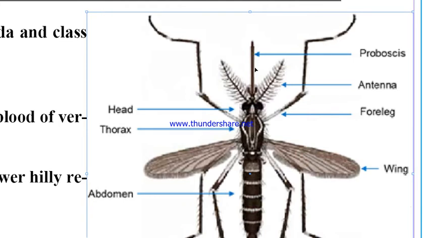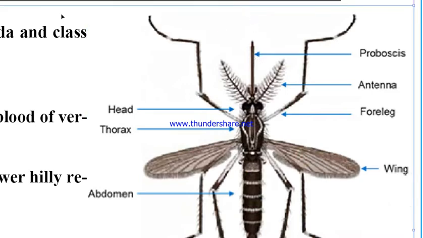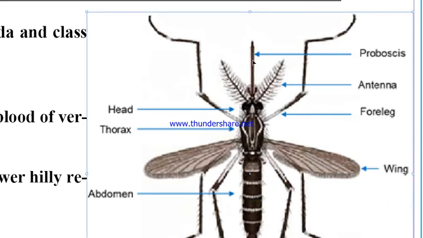That saliva has anti-clotting agent, and it is because of that saliva we feel itching. Okay, so that is all about its head. So important parts of its head are compound eye, antenna, proboscis and labia.